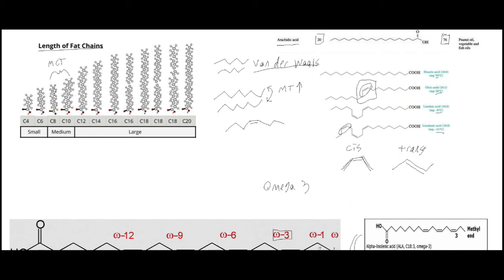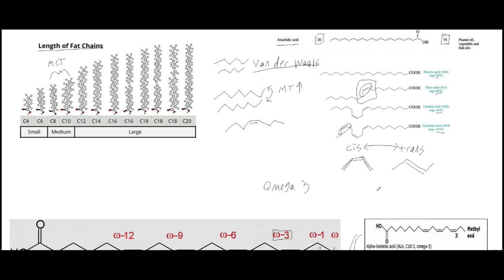Maybe you identify as the gender that you weren't born with. So I'm not saying you should believe one thing or the other here, but that's just where the terminology comes from, that same and that different. So these are cis double bonds and these are trans double bonds.